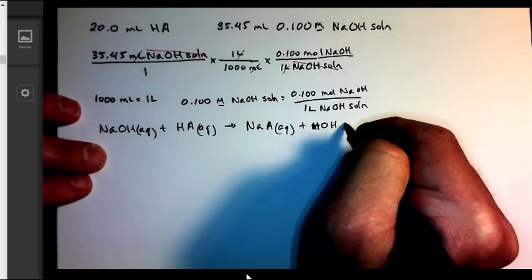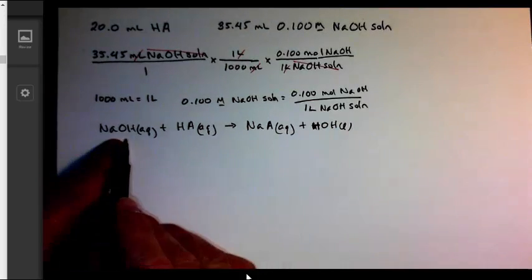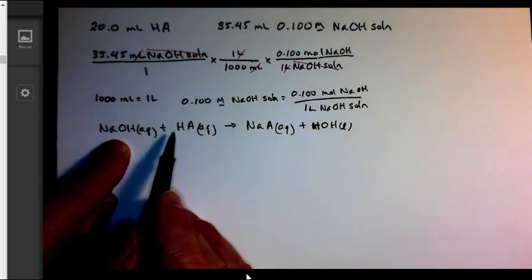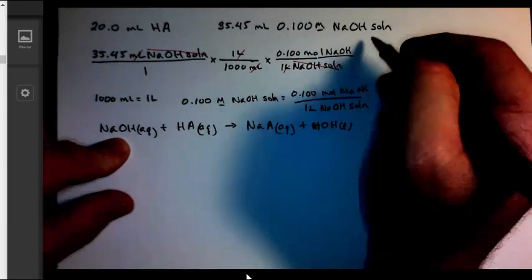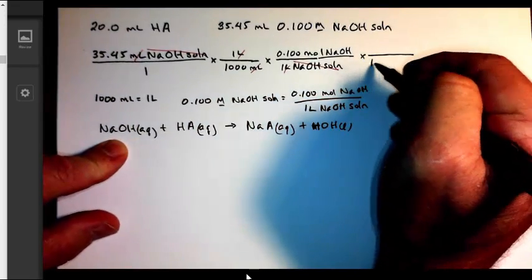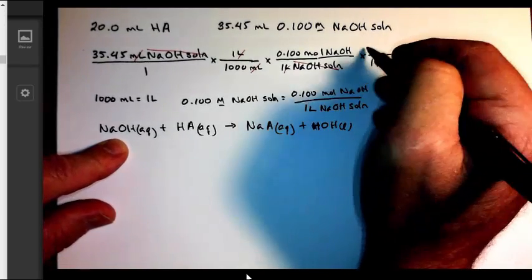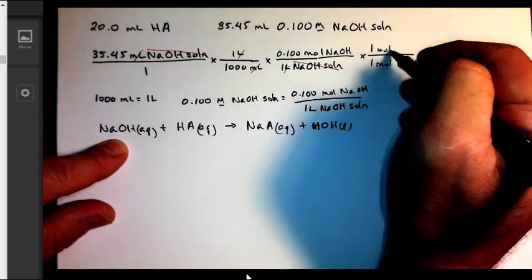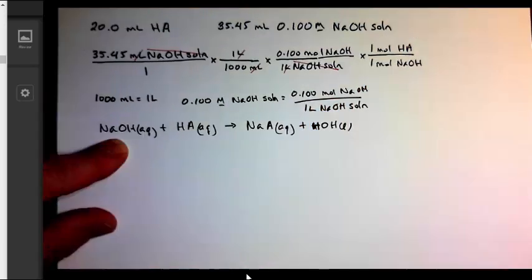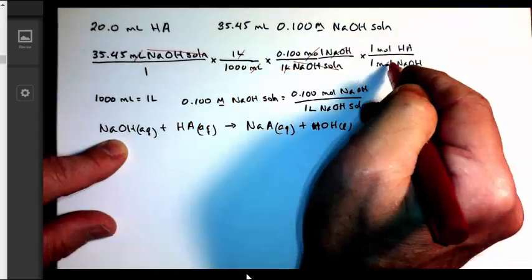Well, the relationship here is 1 to 1. Okay? So, 1 mole NaOH and 1 mole of the acid. Moles of NaOH go away.